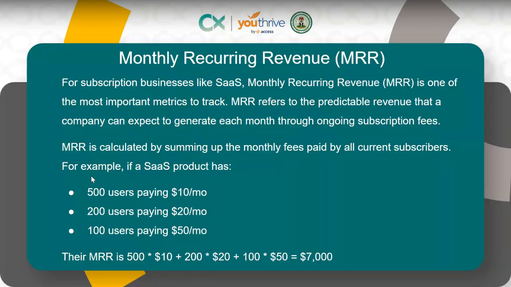Based on your plan, 500 people are subscribed for $10K per month, 200 people are subscribed for $20K per month, and 100 are subscribed for $50K per month. So when you add everything together, you get your monthly revenue.